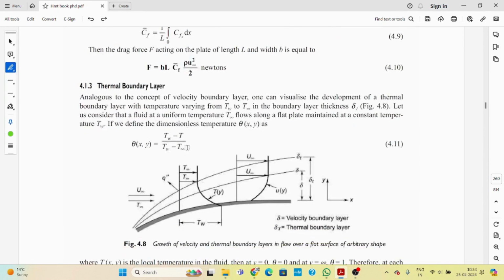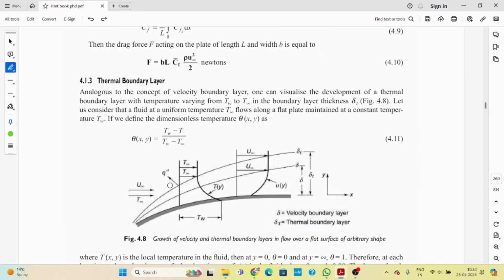What is the thermal boundary layer? See, the fluid is flowing, and either the plate is at a constant temperature or at a varying temperature. According to that, the temperature of the fluid will vary. If there is a heated plate, like here you see the temperature variation. Okay. At the surface of the boundary, the temperature is high, and as you go up, the temperature will decrease. Here you can see, this is the basic thing, and it has been given by this formula.